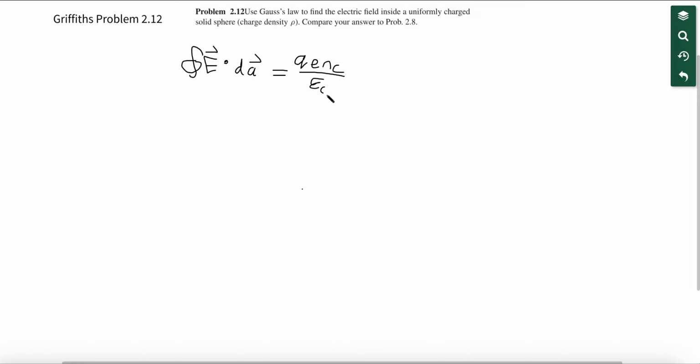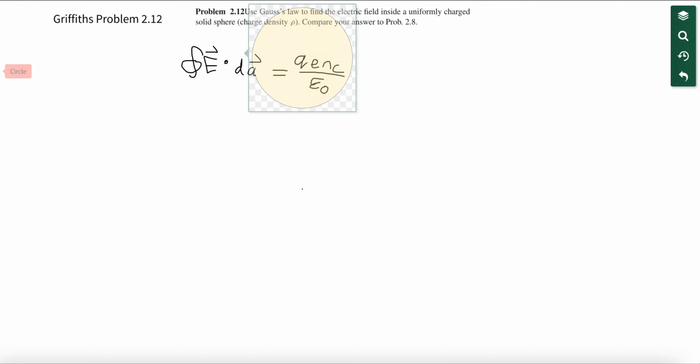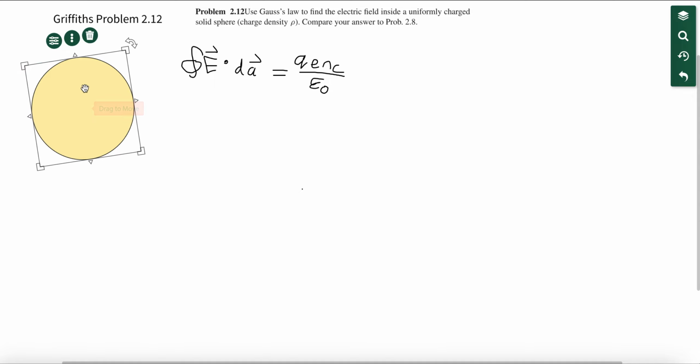So to get a better idea of what we're going to be doing, I'm going to make a circle just as a representation of our solid sphere. And since we want to find the electric field inside of the uniformly charged solid sphere, we're going to make a little Gaussian surface.